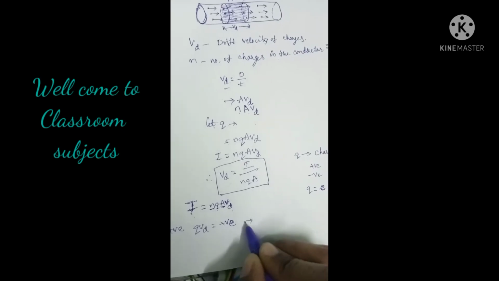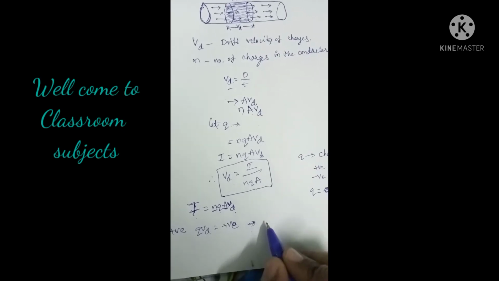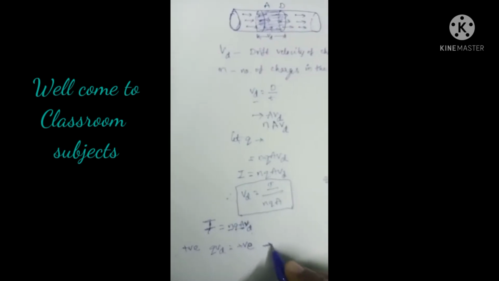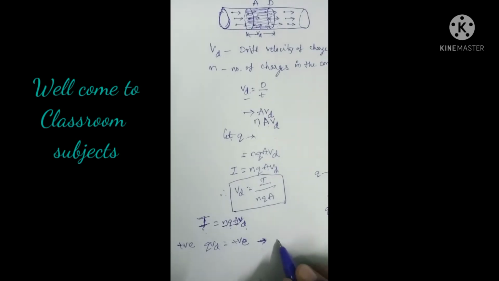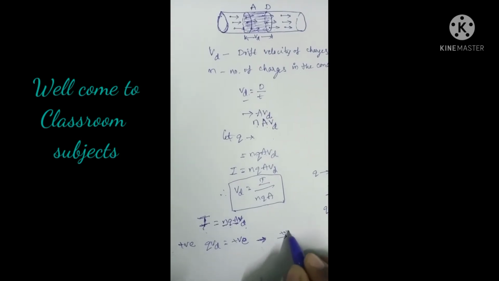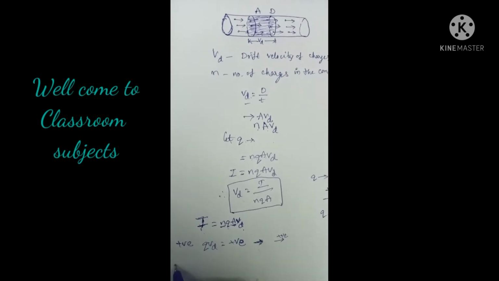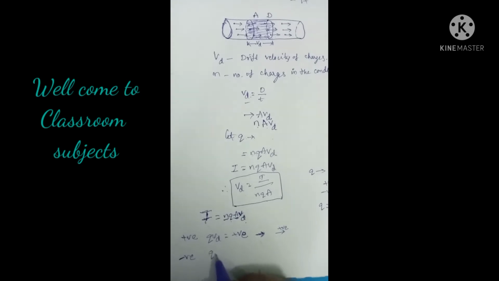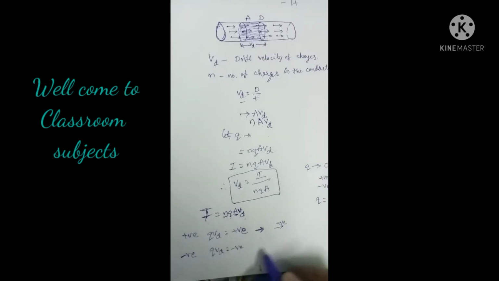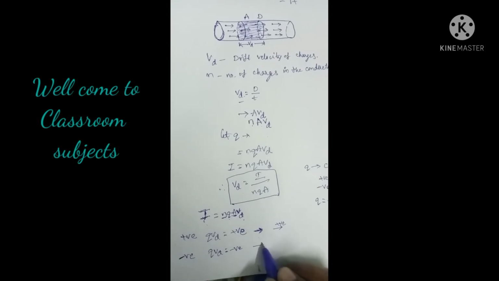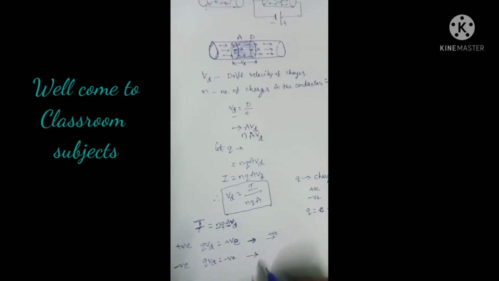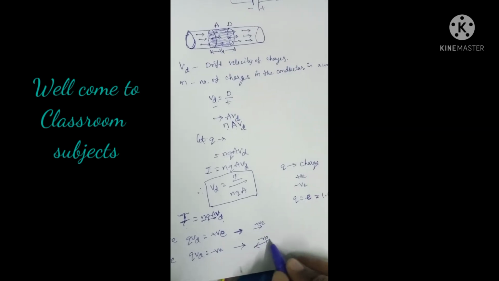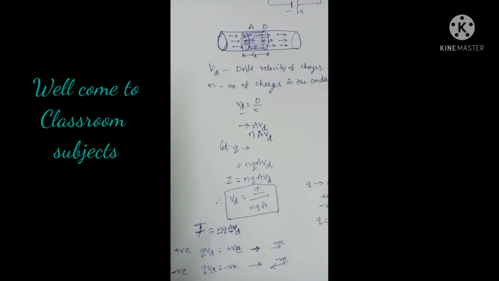Then the direction of current flow is along the direction of positive charges. If charge carriers are negative, the product of Q and Vd is negative. This represents that the direction of current flow is opposite to the flow of negative charges.